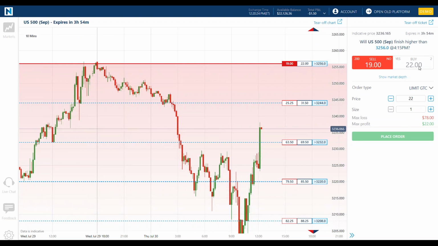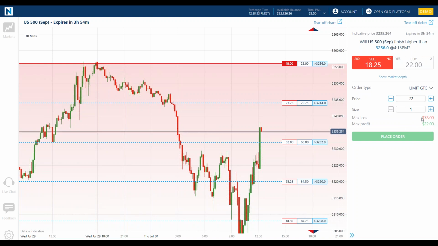So if I sell it at 22 and it settles at 0 because it stays below 32.56, I'll make my $22. That's the most I can make. However, if it settles at 32.56.001, it would go to 100 and I would lose $78.